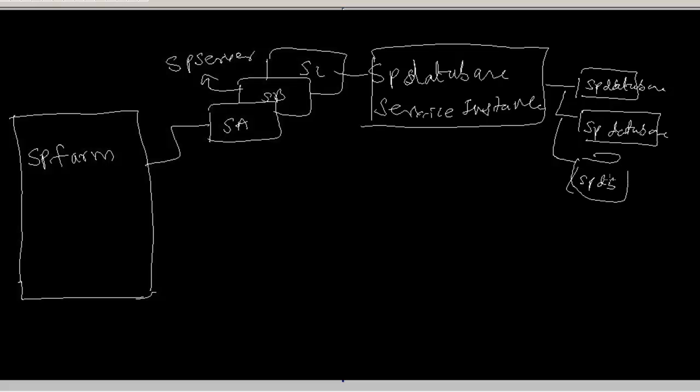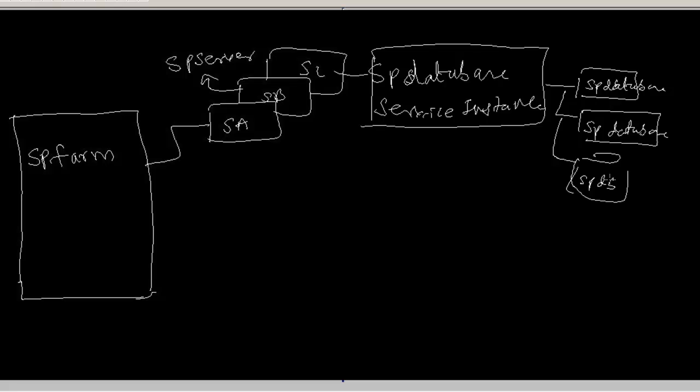Now remember why there are a lot of SP database objects inside the SP database service instance: because SharePoint doesn't have only one database. You can have WSS underscore content, WSS underscore config, and so on. So you can have more than one database corresponding to one site.